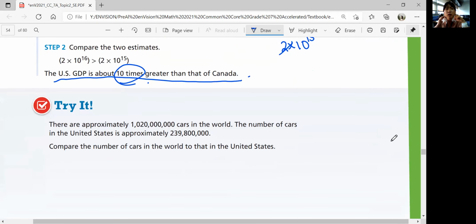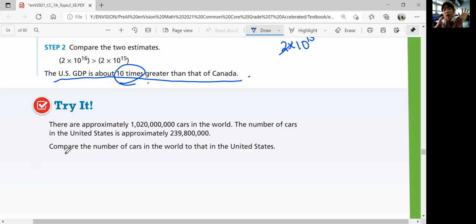Let's try this question on the bottom. There are approximately 20 million cars in the world. The number of cars in the United States is approximately 239,800,000. Compare the number of cars in the world to that in the United States. You already know that the number of cars in the world is going to be greater than the United States.